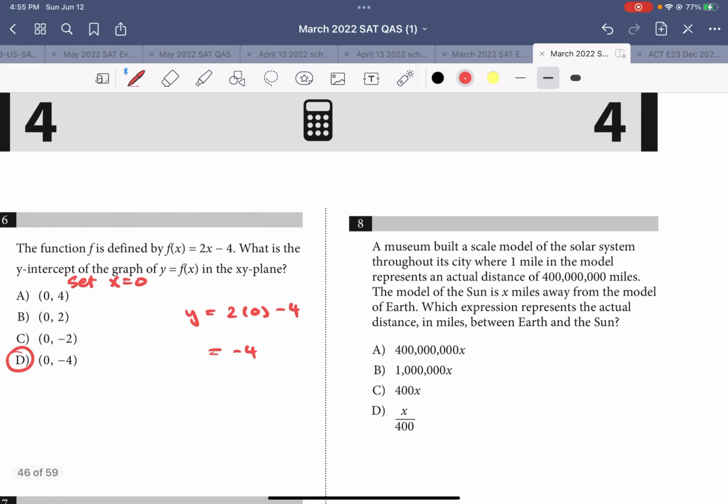Number 8, a museum built a scale model of the solar system throughout the city, where 1 mile in the model represents an actual distance of 400 million miles. The model of the sun is x miles away from the model of the earth. Which expression represents the actual distance in miles between earth and sun?